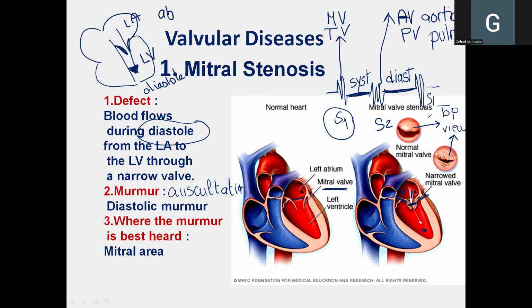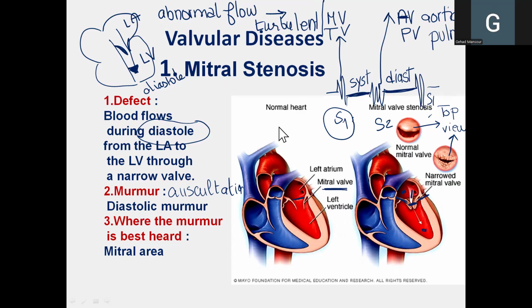Why is there an abnormal flow? Because the blood is passing through a narrow valve. Therefore, the flow of blood will be described as turbulent flow. What is turbulent flow? This is an abnormal type of liquid flow, in general, when liquids pass through passages that are too tight for them.